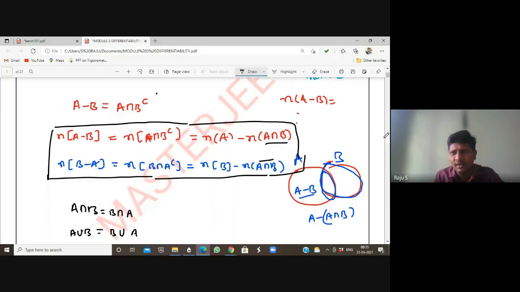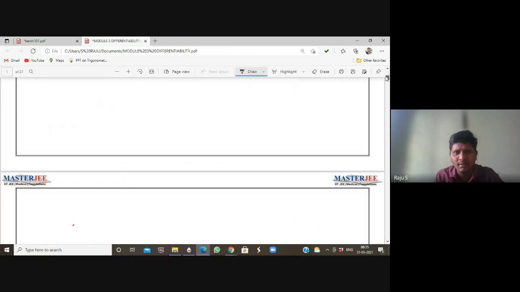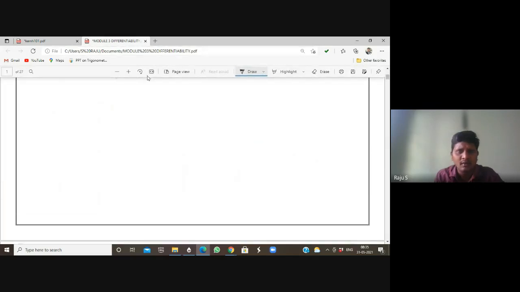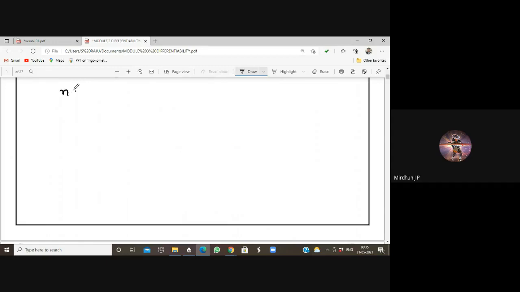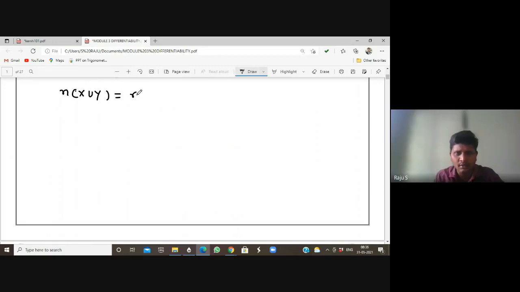In terms of X comma Y, what is the formula here? n of X union Y is equal to n of X plus n of Y minus n of X intersection Y. Super, right? Everyone should remember only this formula. Only one formula. Minus n of X intersection Y. Okay, let us take this as one. What are the values they gave in the question?